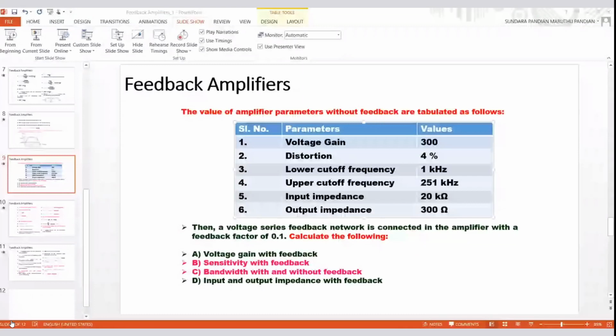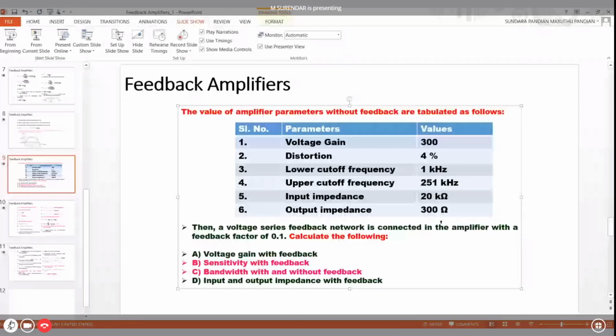Output impedance, please make sure your output impedance is 300 ohms for that amplifier. I mentioned that it's 20 kilo ohms previously, but it is actually 300 ohms. There is a mistake in the question. Please change that.